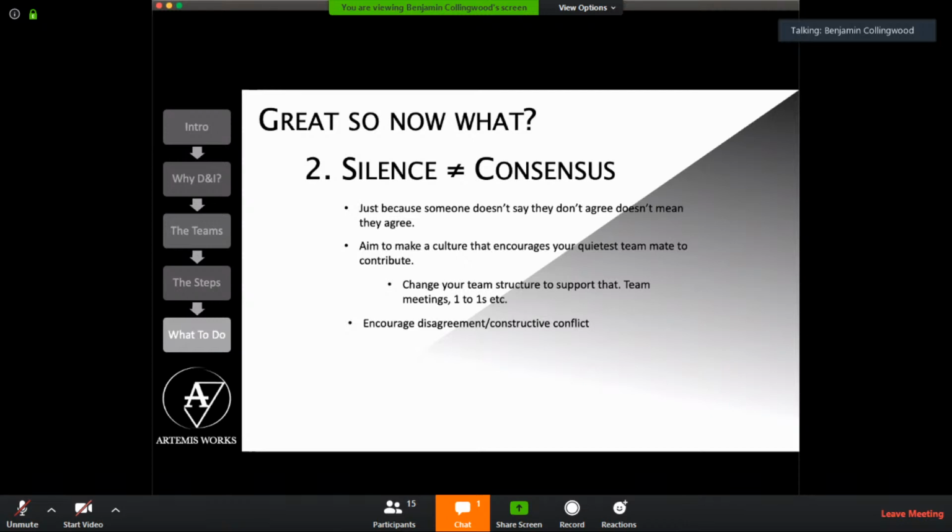So try to foster a team and a culture where people feel comfortable putting their hand up and saying, I disagree with that. And there are loads of techniques to do this.